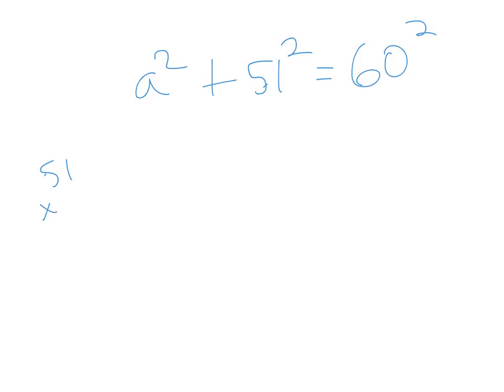51 squared, we can do that multiplication really quick. Okay, so that's 2601 equals 60 squared is just going to be 3600 plus A squared.